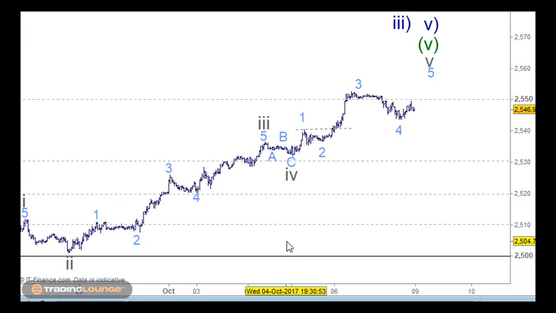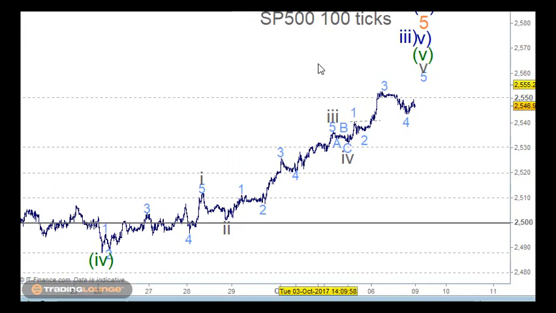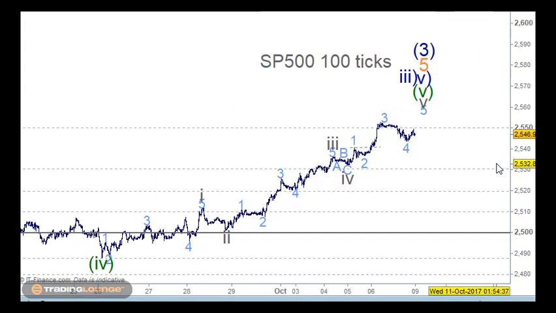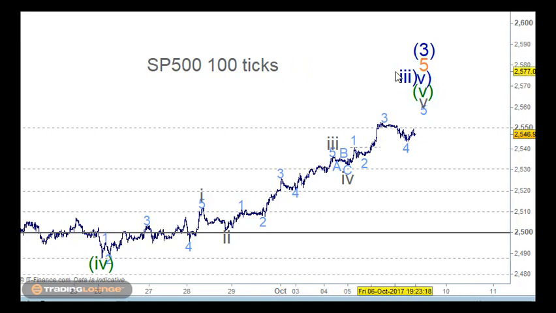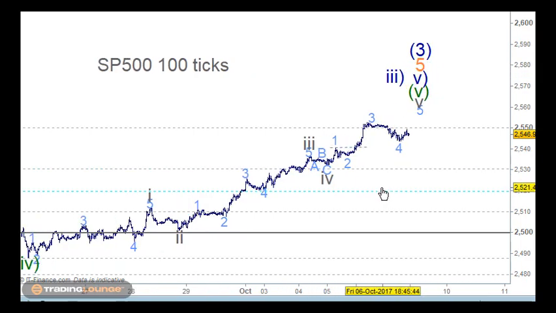Okay, so on the count coming up here, just on the tick chart here, in the first instance, we're looking at this in 2 ways here, as 5 of 5 of 5 of 5 of 5 of 3, or it's quite possible that this blue wave minute degree 5 here can be a wave 3 here, and at the end of the day we'd want to see, as I mentioned, what happens over here.